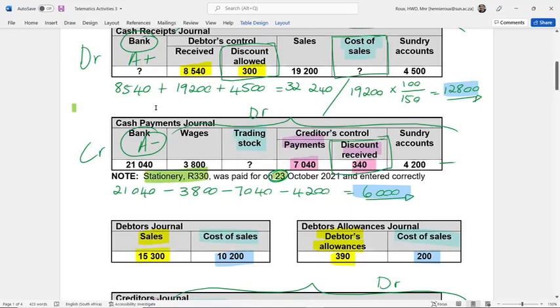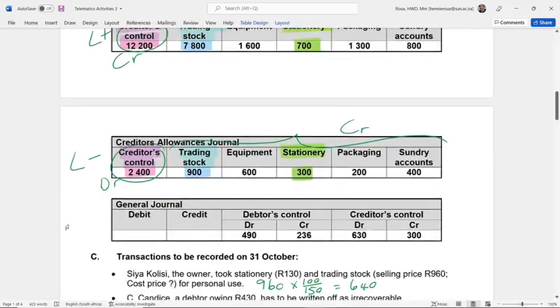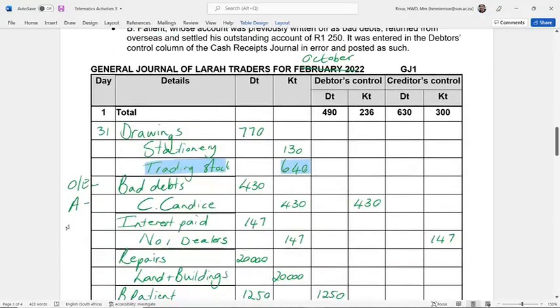DJ, nothing on stationery. In the creditors journal, we bought on credit. CAJ, we returned stationery. Yet again, I've indicated that we credit the rest. There we debited the rest. And then in the general journal, the owner took stationery for own use, so we credit stationery with what? With drawings.